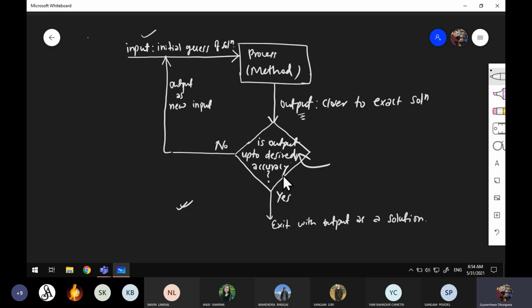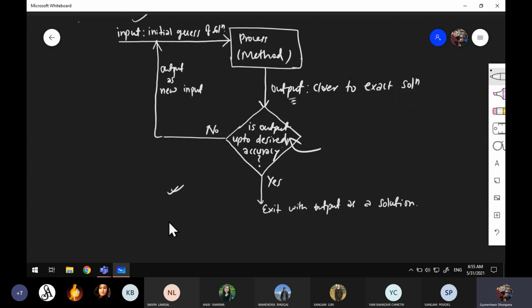But if not, we'll go for another loop to get the answer closer to the exact solution. So measurement of error becomes very crucial. Here are two terms that characterize the errors: accuracy and precision. Tomorrow we'll talk about accuracy and precision, and different types of errors that we can discuss in the problem solution.